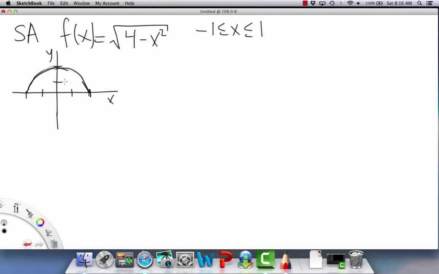So this is our curve, except we also have a boundary, from negative 1 to 1. This circle actually goes from negative 2 to 2, so if we want to go from negative 1 to 1, we have to cut it off right here. So here's our A, and this is our B. We're focusing on this little top of the arc here, so ignore the left and the right, just this little section.